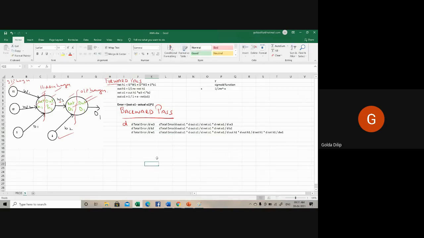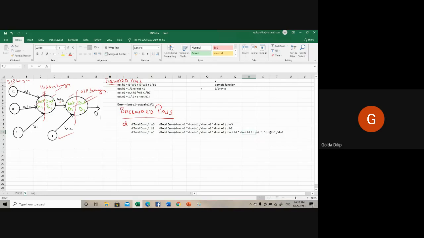W1. Okay. So what we basically did is wanted to change the total error with respect to weight W1. To do that, we started with the total error, differentiated it with respect to out O1. Then differentiated it with respect to net O1. Then I took net O1 and differentiated it with respect to out H1. Then I took out H1 and differentiated it with respect to net H1.